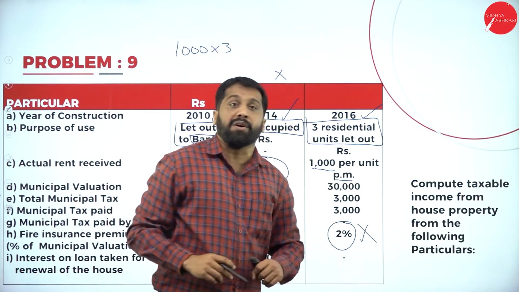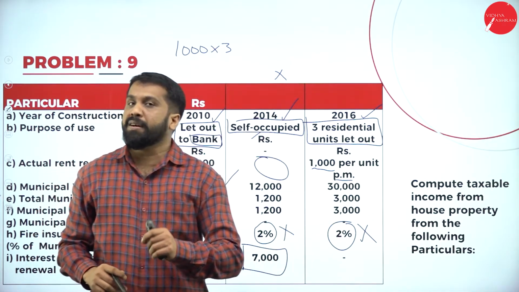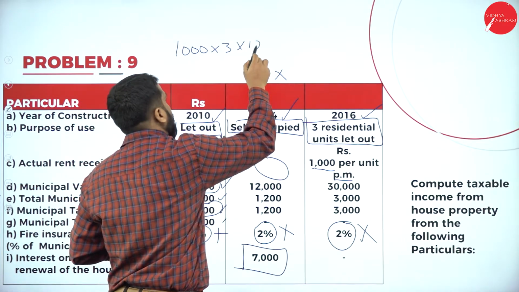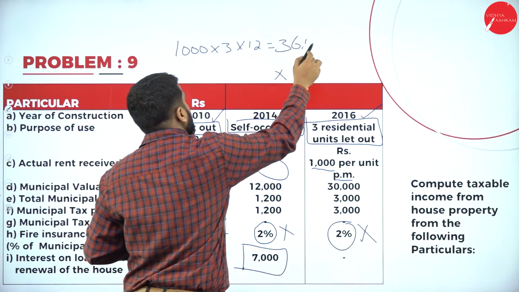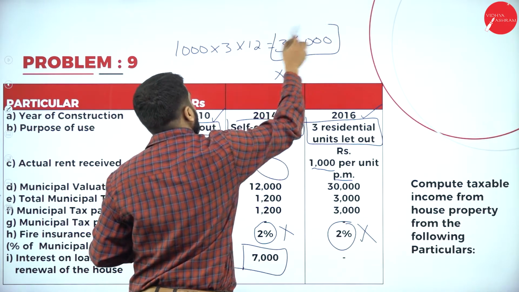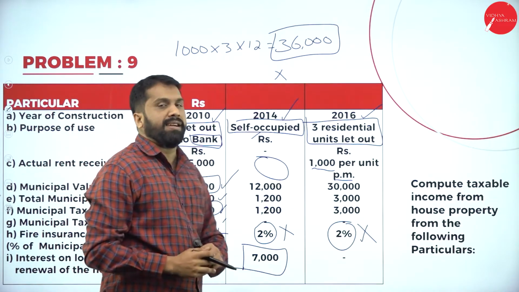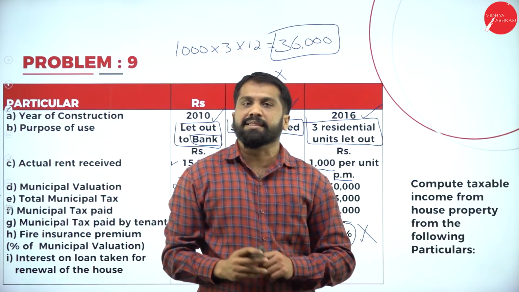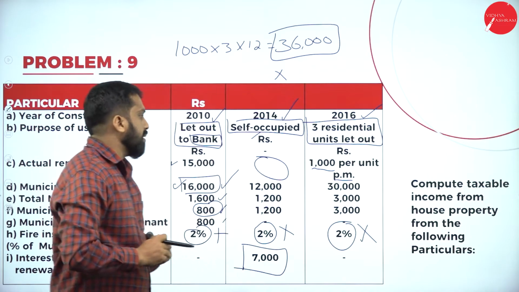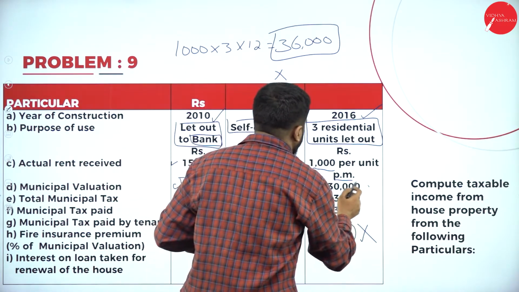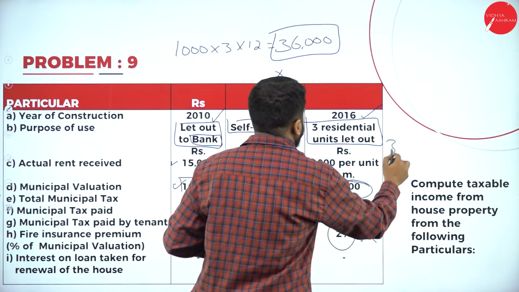We want per annum, per year. So multiplied with 12. How much will you get? 1000 into 3 into 12, you will get 36,000. Clear? Yes.